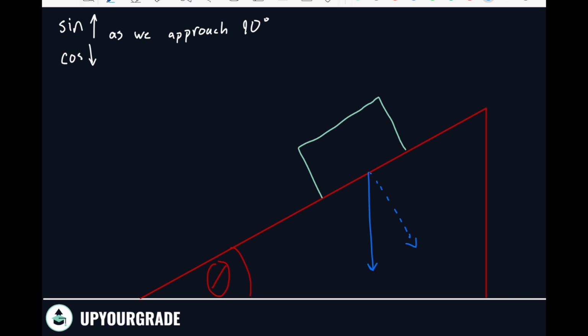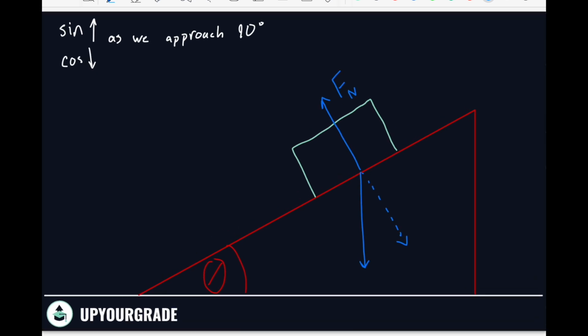And we should then see a normal force that opposes that, going upward, which is the force that the inclined plane exerts back on the box in an equal but opposite fashion. But the force of gravity is also going to push the box down this plane. And in the same way, that is going to be opposed by a different force, the force of friction.